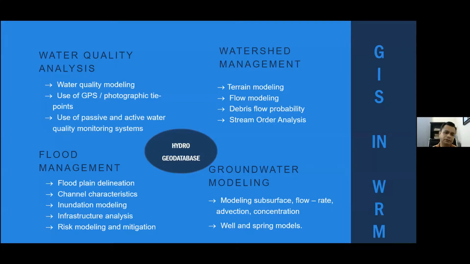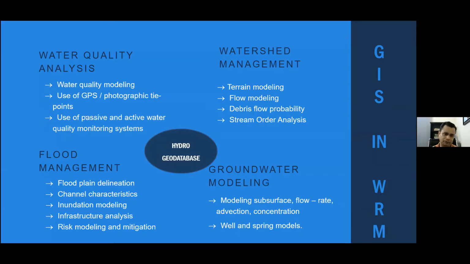We can also use GPS or photographic type points that will be helpful for assessing water resources and water quality analysis. We can use passive and active water quality monitoring systems as well for ensuring water quality analysis.